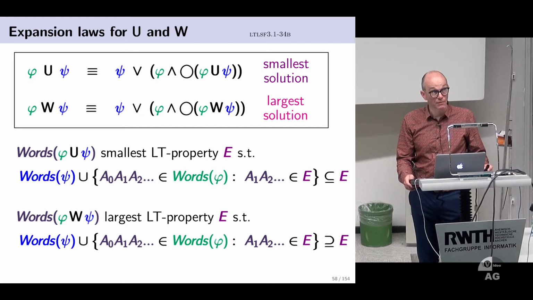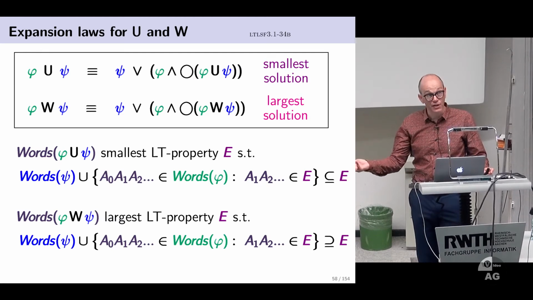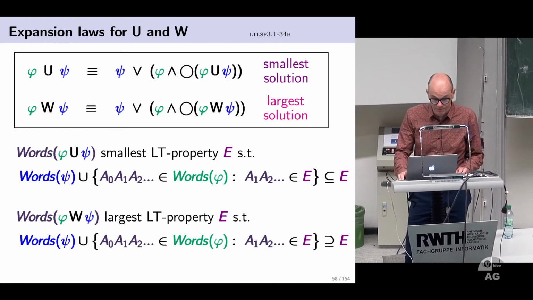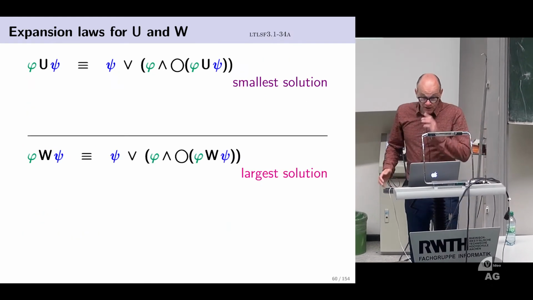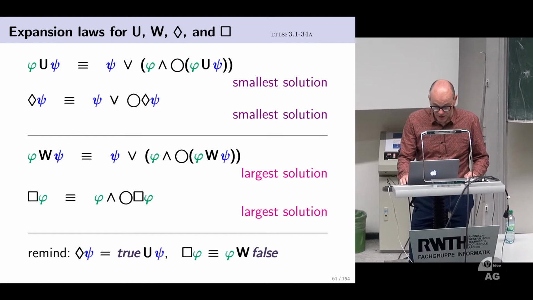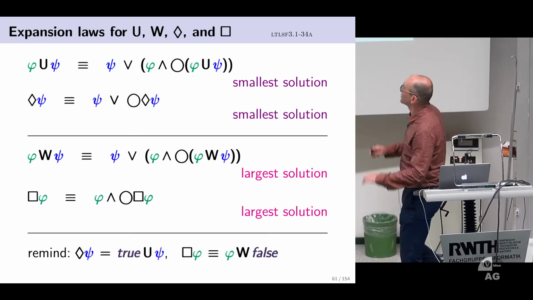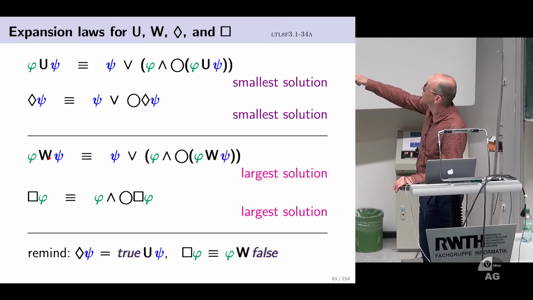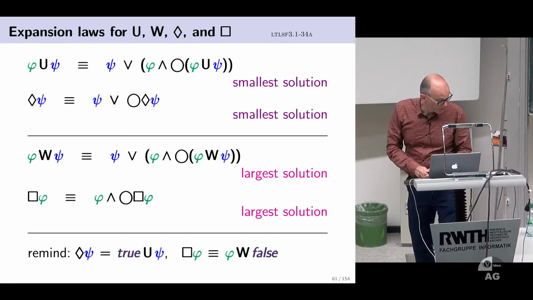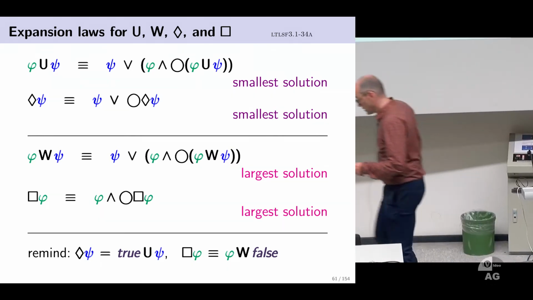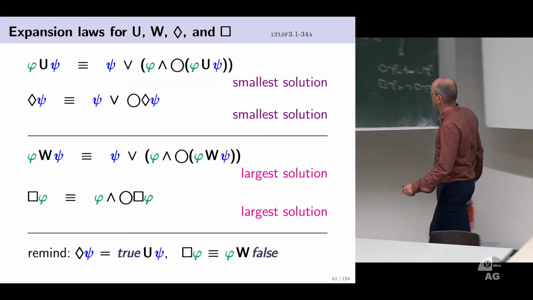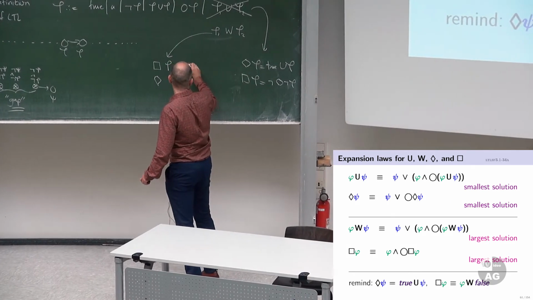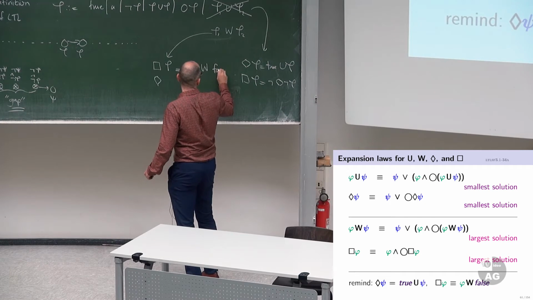Good. So, bottom line, W is basically a kind of negation of until, and W and until satisfy the same expansion law. Good. This is the smallest solution, this is the largest solution, and this is in one slide the overview of all of them. This was the largest solution, right, the W. Remember that we defined box phi as phi W false.